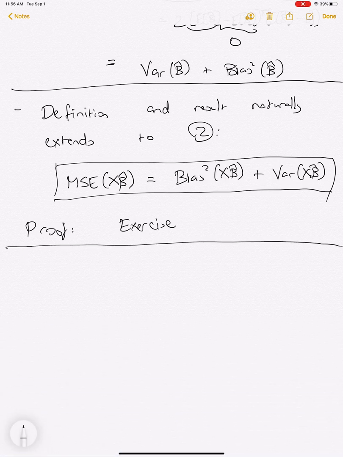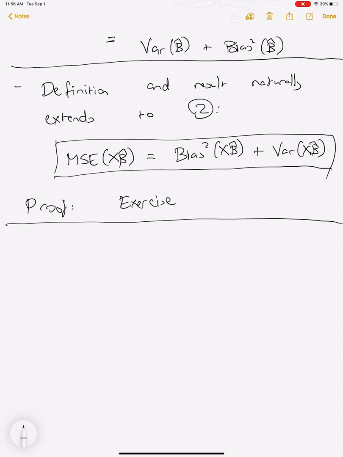Okay, so everything that I've spoken about in the last 15-20 minutes, there hasn't been anything specific about least squares. So now we're going to return our discussion to least squares. So the next question is, for the least squares estimate.